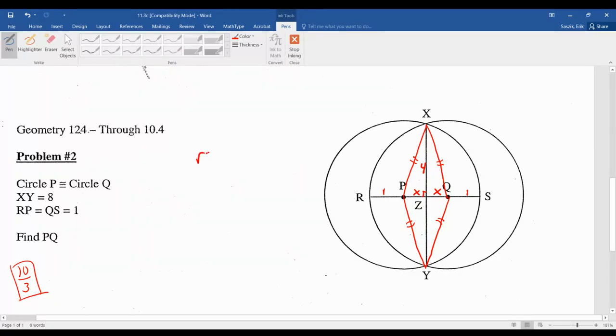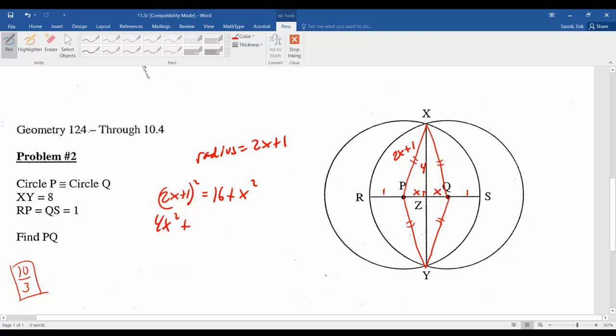The radius is 2x plus 1. So that means this part is also a radius of 2x plus 1. So now we got a little Pythagorean theorem going with this skinny little triangle here. 2x plus 1 hypotenuse squared equals leg squared plus leg squared.